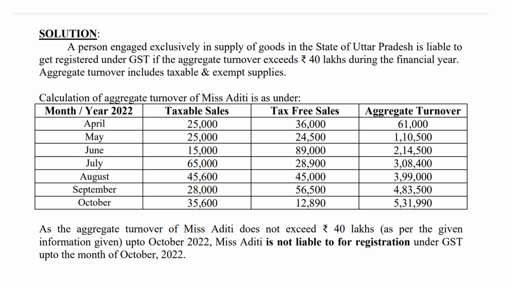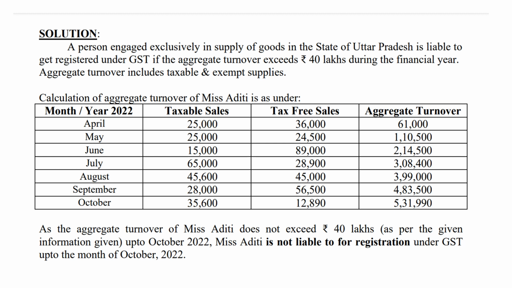In the month of October, the taxable sales is 35,600, tax-free sales is 12,890, plus you have to add the aggregate turnover of the month of September, which is 4,83,500. So if you total these three for the month of October, you will get your answer 5,31,990.